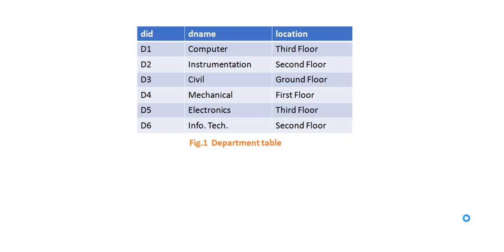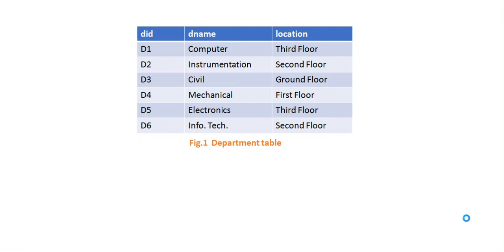Now consider one department table. In this department table we have three attributes: department ID, department name and location. Now see here, there are 6 department IDs and 6 department names given. When we say department ID D1, department name is computer and location is third floor. When we say department ID D3, department name is civil and location is ground floor.